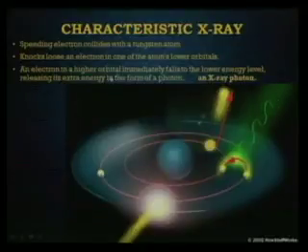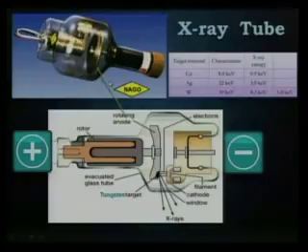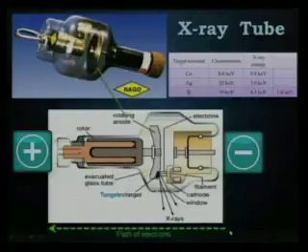So this is what's known as characteristic X-rays. And that's typically how we get X-rays from an X-ray tube. The electrons are shot from the negative end through a gap at the tungsten target right here. As it hits the tungsten target, the X-rays are produced, and that's how we get X-rays from an X-ray tube.